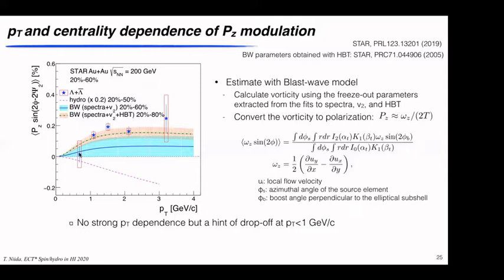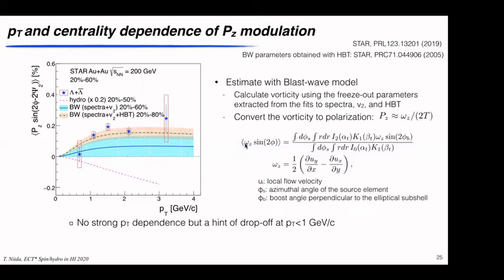And here there are two bands. This is from the blast-wave model calculation. That is a hydro-based simple model. So basically, here we calculate the vorticity using the blast-wave parameters, which I extracted from the fit to spectra and v2 and HBT, then convert it to the polarization using this formula.